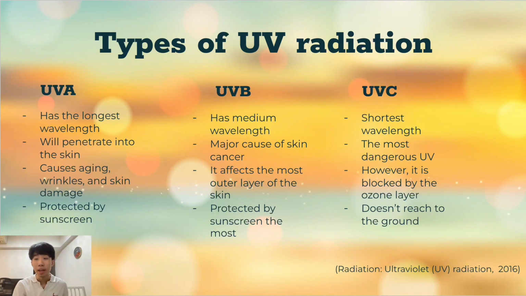And UVB is the major cause of skin cancer because it affects the outer layer of the skin. So it is the most targeted UV radiation that sunscreen is trying to protect against. And the third type, UVC, is not included in this topic because it has a shorter wavelength and it is blocked by the ozone layer. So it's not even going to reach our skin.